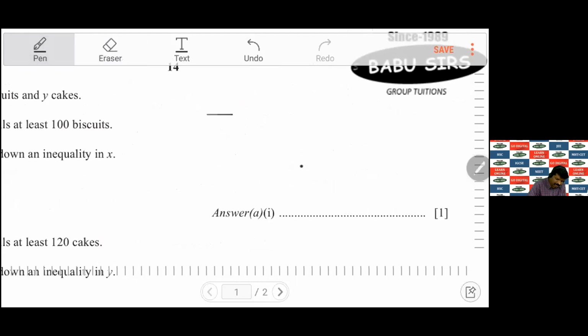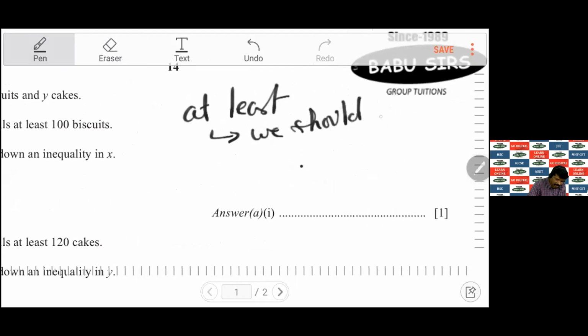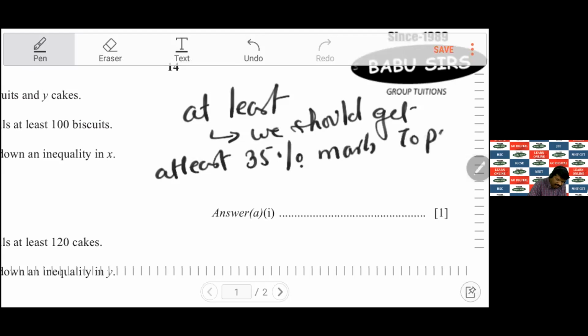Our example was, we should get at least 35% marks to pass.